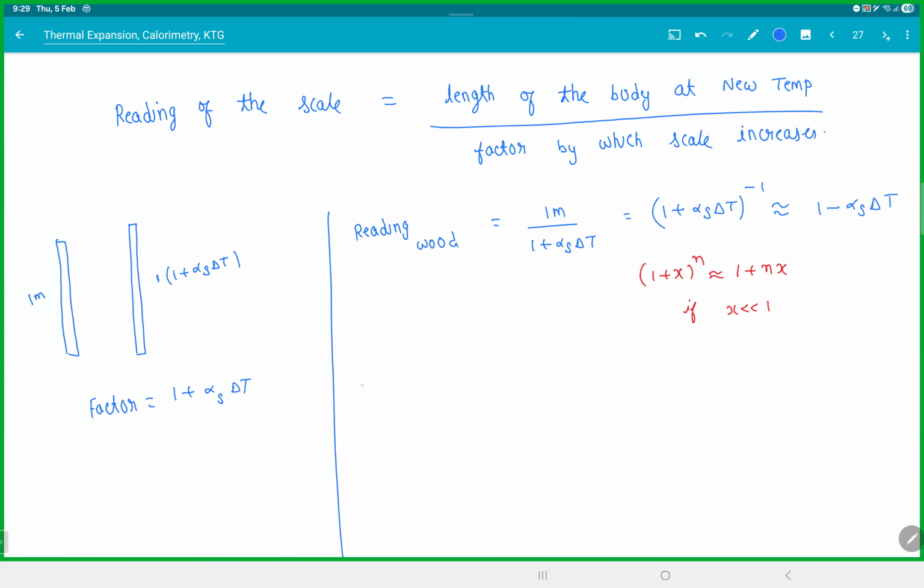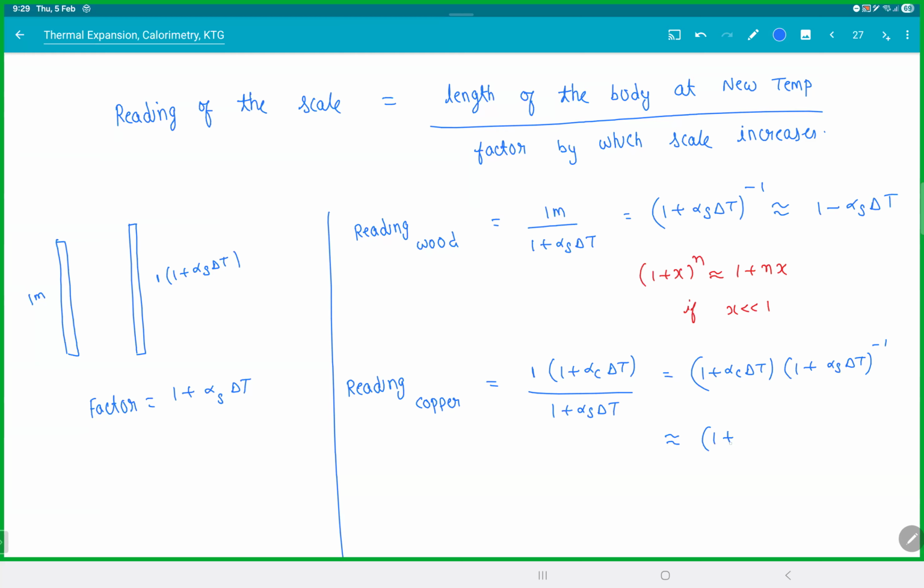What about the reading of the bronze, the copper rod? Here the copper rod also will expand. So the copper rod length will become (1 plus alpha copper delta T) divided by (1 plus alpha steel delta T). When you take it up, this will become (1 plus alpha copper delta T) times (1 plus alpha steel delta T) to the power minus 1.